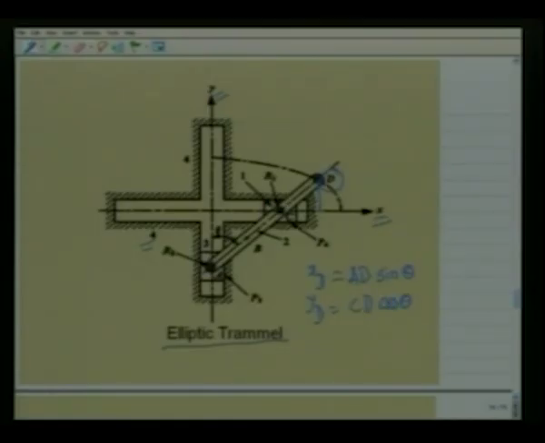If we eliminate theta from these two coordinates, we can easily see that (xD/AD)² + (yD/CD)² is equal to 1. That is, as theta changes, this point D moves on an ellipse with semi-axes given by AD and CD. That is why it is called an elliptic trammel.